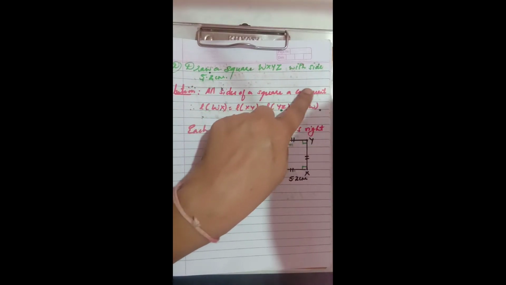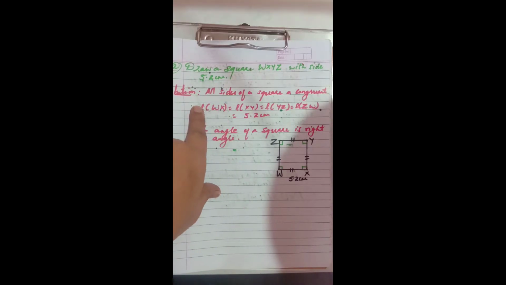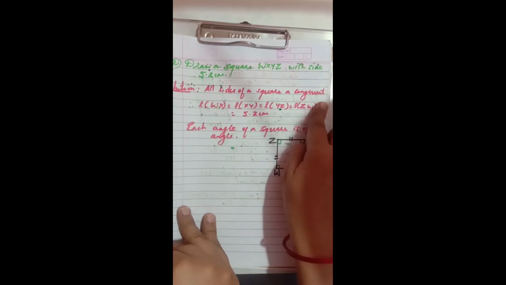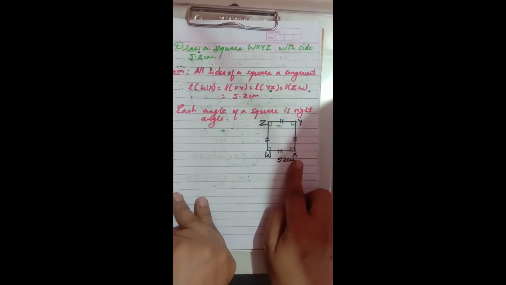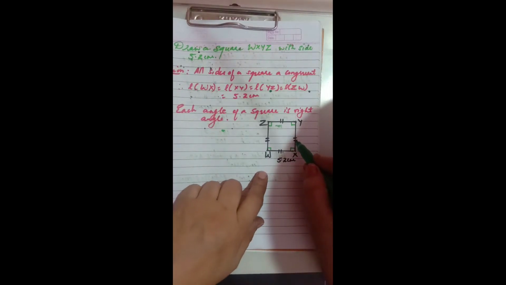WXYZ with side 5.2 centimeter. Solution: all sides of a square are congruent. So we have drawn a rough figure WXYZ. WX is 5.2 centimeter.